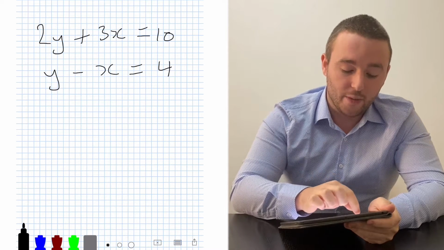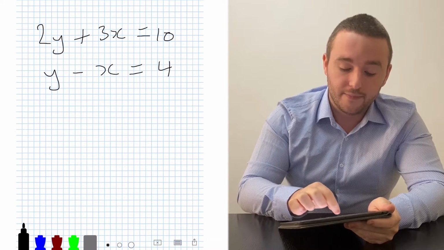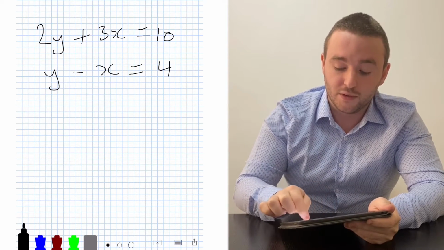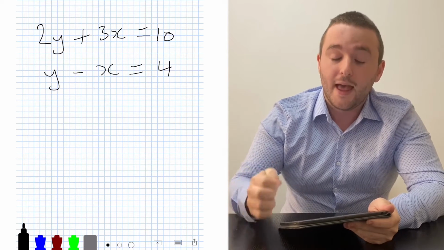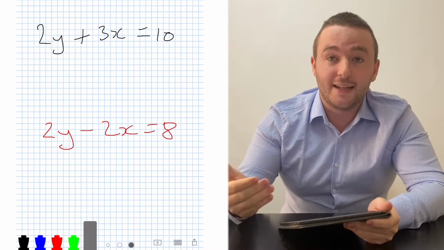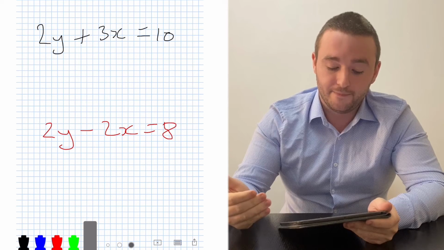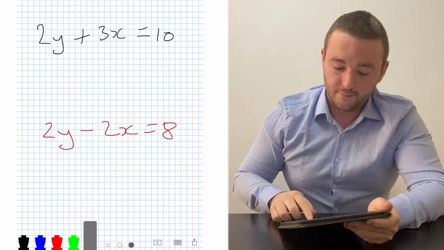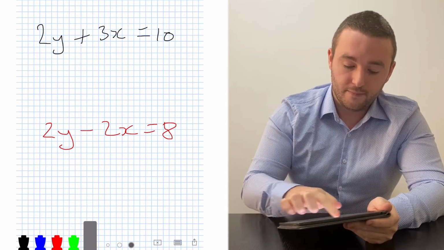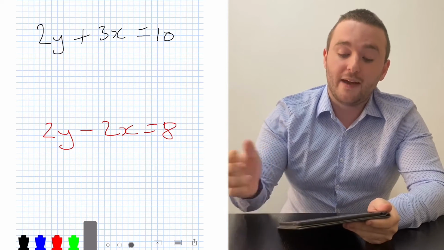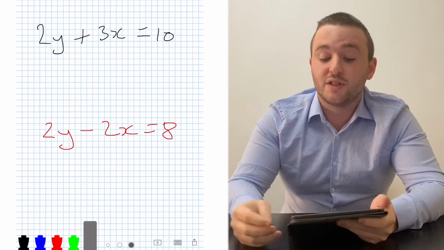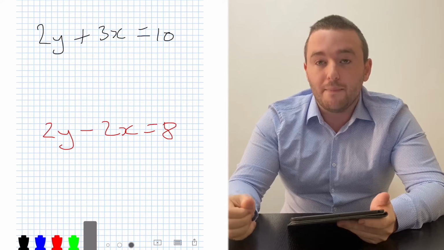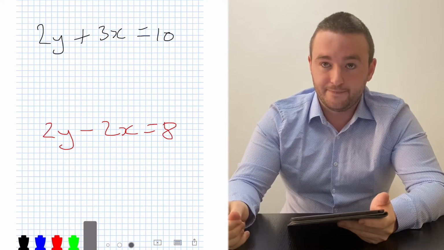So this second equation turns into 2y minus 2x equals 8. And the best thing to do here is just to replace the original equation with that one. So now we have two equations, 2y plus 3x equals 10 and 2y minus 2x equals 8.